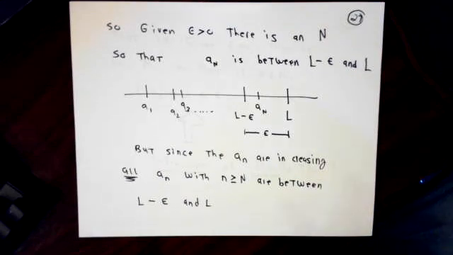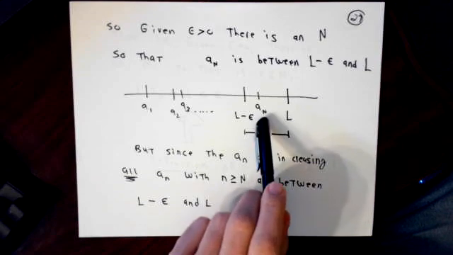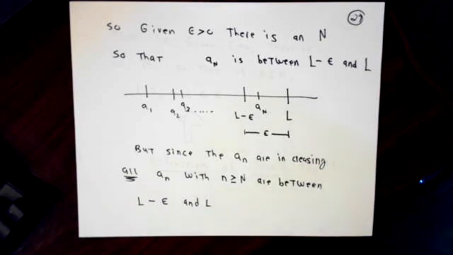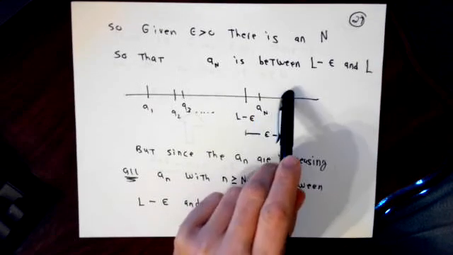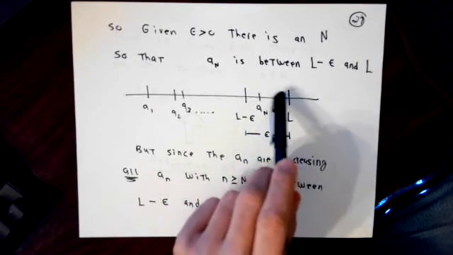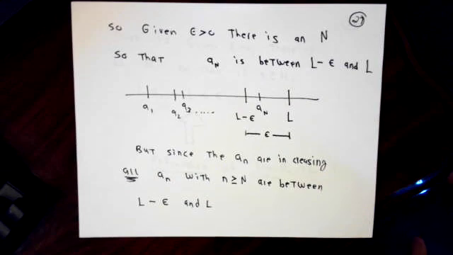So after you've found this index capital N, all a sub n with little n bigger than this capital N have to be within this interval. In particular, all a sub little n with little n bigger than capital N are a distance less than epsilon away from this number L.